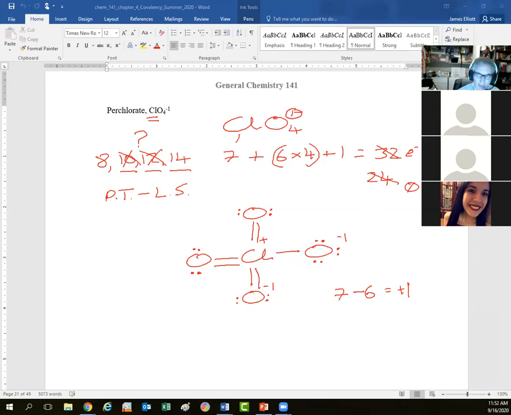So now around the chlorine, it controls 1, 2, 3, 4, 5, 6, 7 electrons. There we go. That's the value we're looking for. So no formal charge on the chlorine now, and we've taken it to its maximum hypervalency.